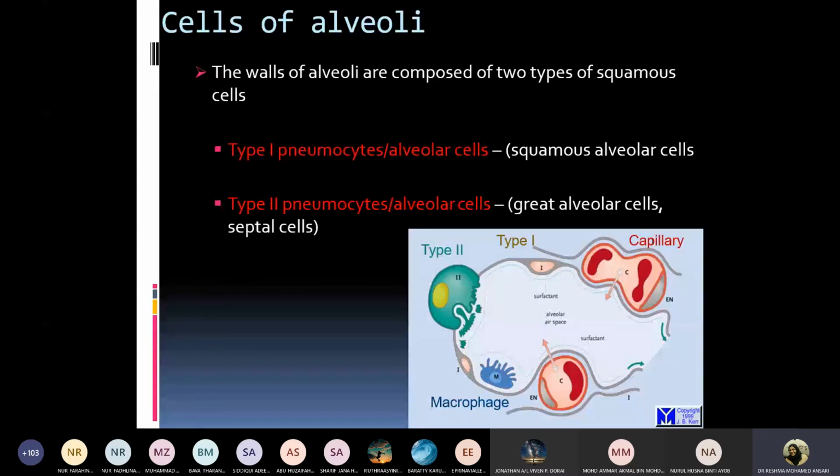In this figure, type 1 is the one shown as 1 and type 2 is the green cell. Though they appear squamous, type 2 is a little bit bigger. But in the light microscope we have in our lab, we cannot find the difference between type 1 and type 2. We will see it only as a simple squamous epithelium.